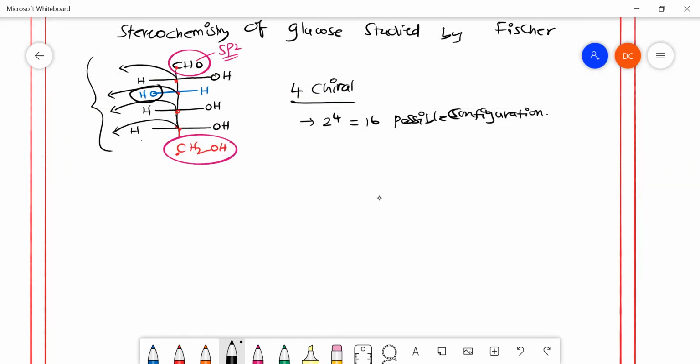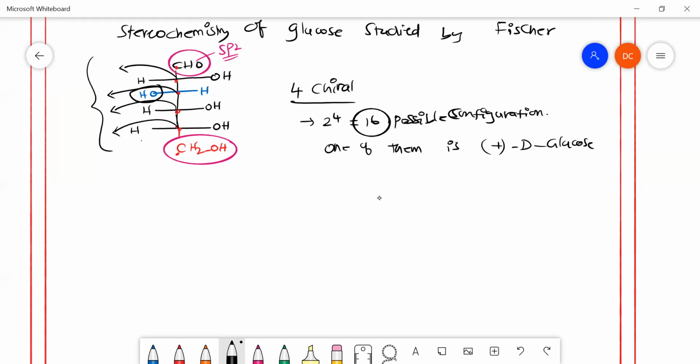Understood, sir. Out of the 16 possible configurations, only one is plus D glucose. So we are studying only plus D glucose.